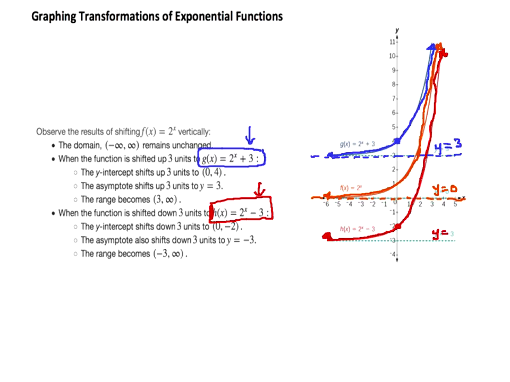And I've shifted my horizontal asymptote down 3. Also good to note how the range changes here. When we vertically shift, that's a y value characteristic, so that's going to change our y values. My range shifts with my horizontal asymptote. And you can see that right there where I've pointed out on the screen for you.